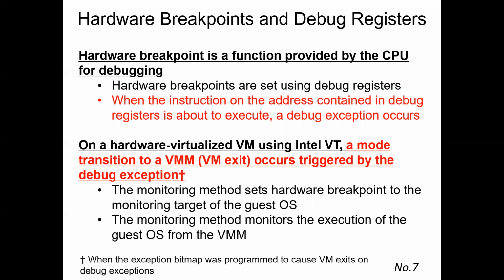Here, this happens only when the exception bitmap managed by the VMM, which is included in the VMCS, was programmed to cause VM exits on debug exceptions. So the monitoring method monitors the execution of the guest OS from the VMM.